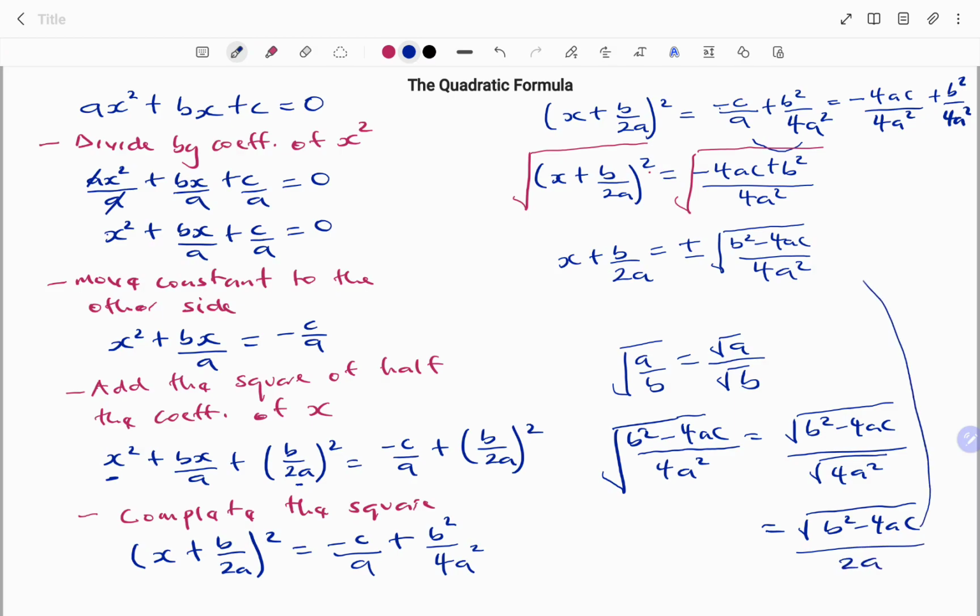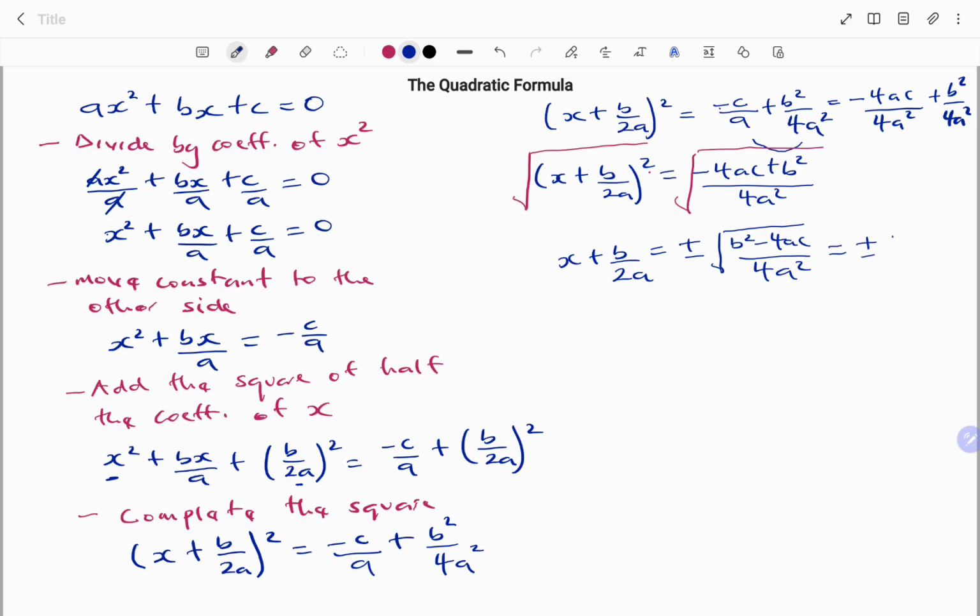So I'm going to replace that with what I have here. That will be plus or minus the square root of b squared minus 4ac all over 2a.